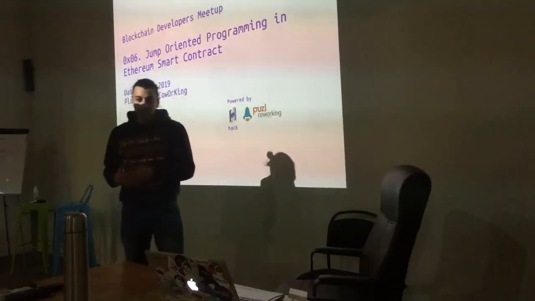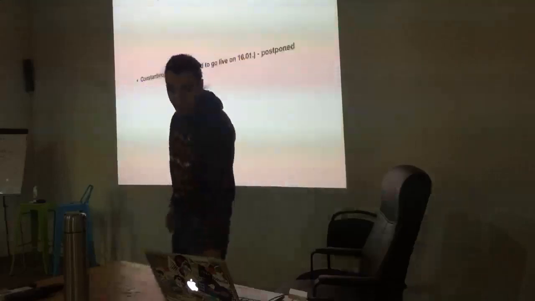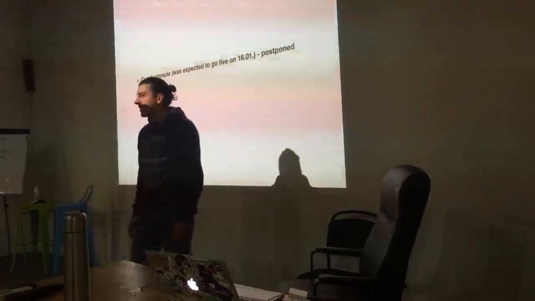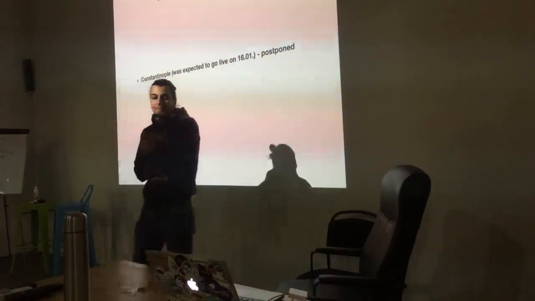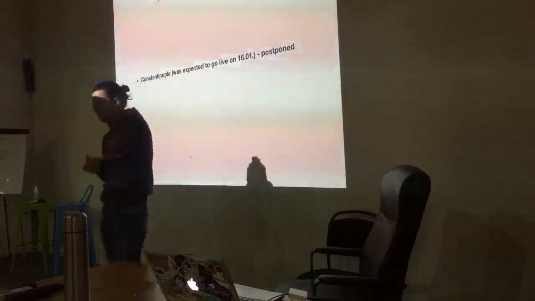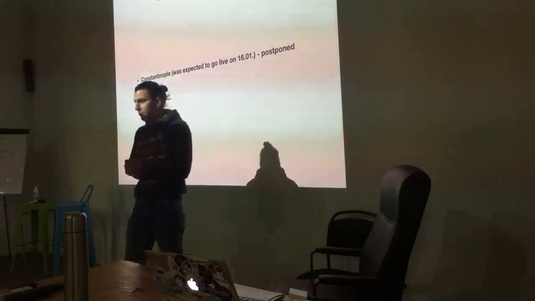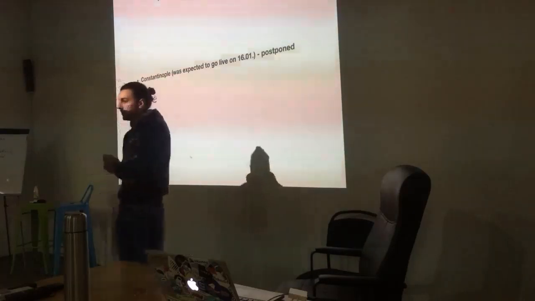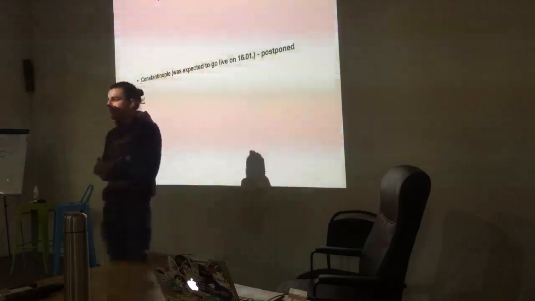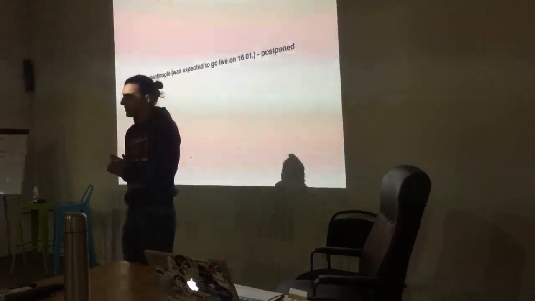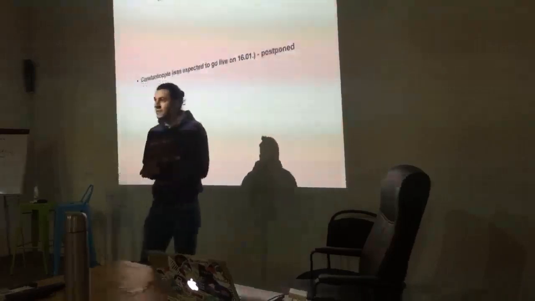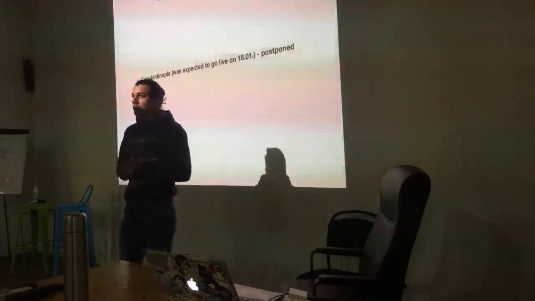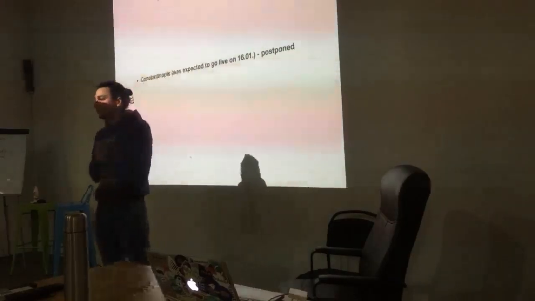But as usual, first we're going to see what recently happened, and I believe this is the most interesting news from this month. We were all expecting the Constantinople fork to happen on the 15th of January, but a few hours before the block for this fork, ChainSecurity, a company dedicated to research and security of smart contracts and blockchains, found an issue.